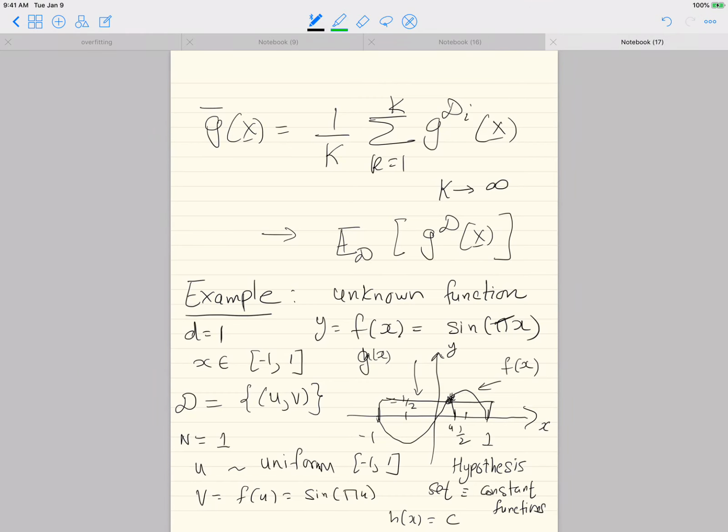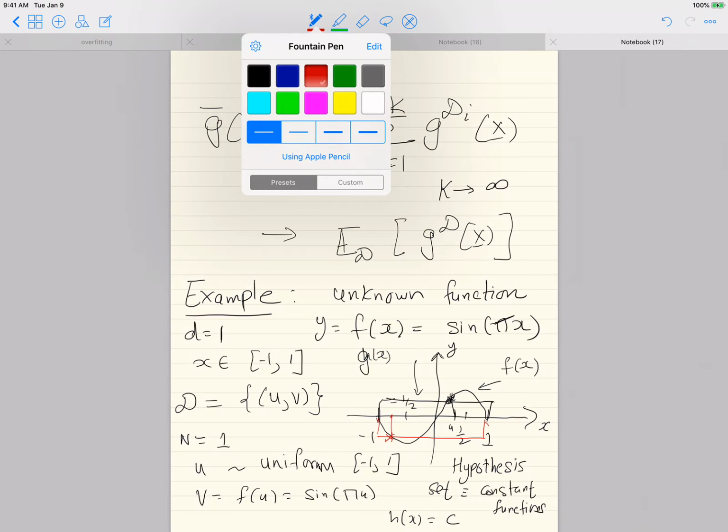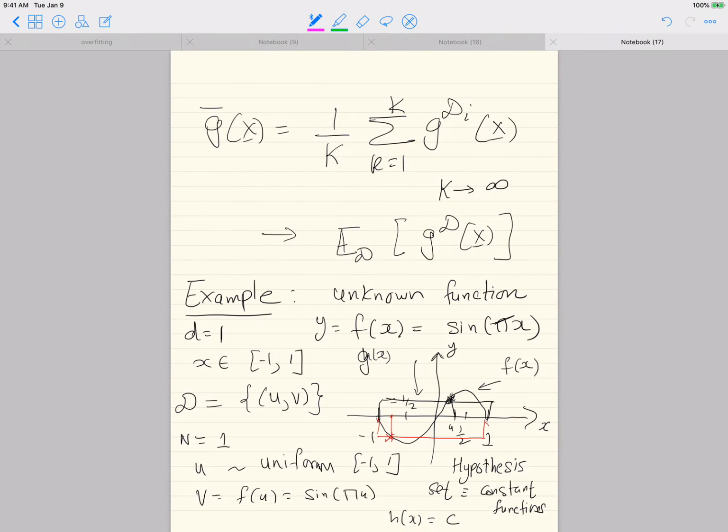If you had a different value of u, say your u was here, so if you got this point here, this was the u and this was the v, your output hypothesis will look like this. If u was somewhere else, say this was the point you received, this was u and this was v, your output hypothesis will be this one.